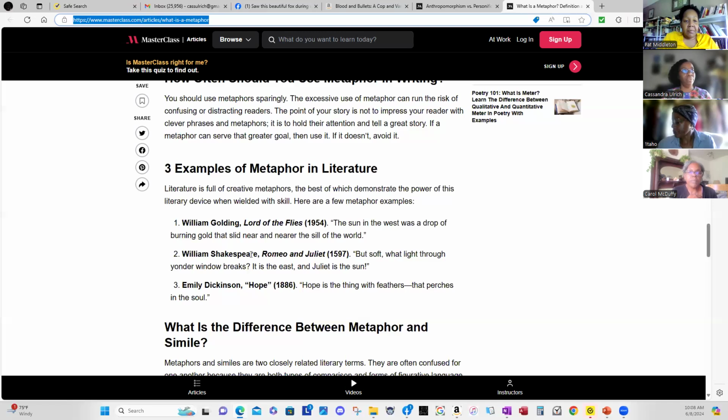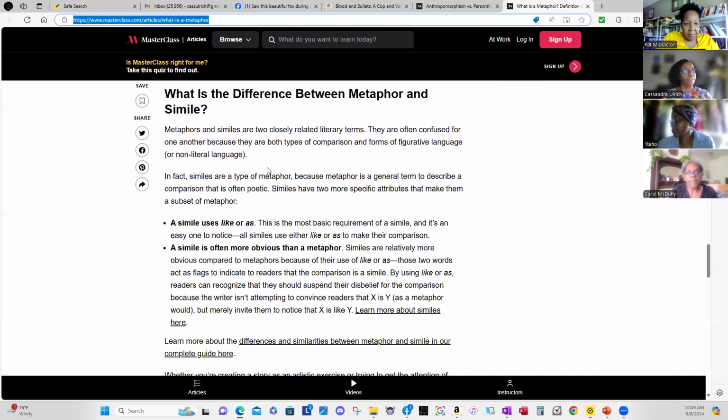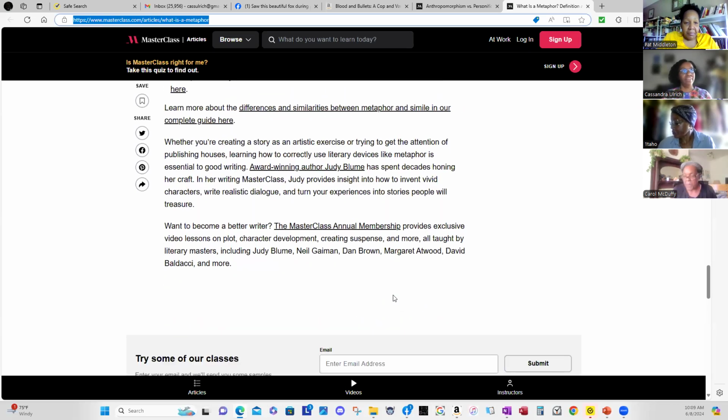And then they have examples of metaphors in literature: Lord of the Flies, Romeo and Juliet, Emily Dickinson's Hope. And they talk about the difference between the two. Again, simile uses like or as, and is often more obvious than regular metaphor, but that's it.